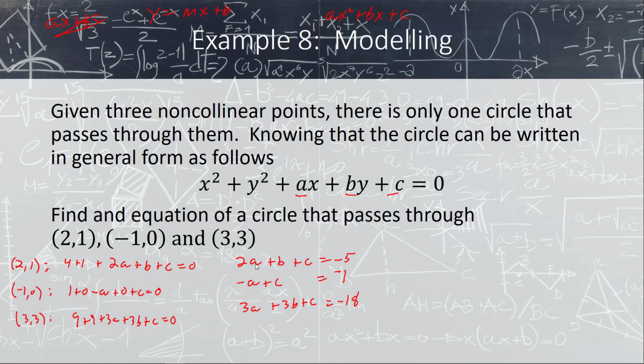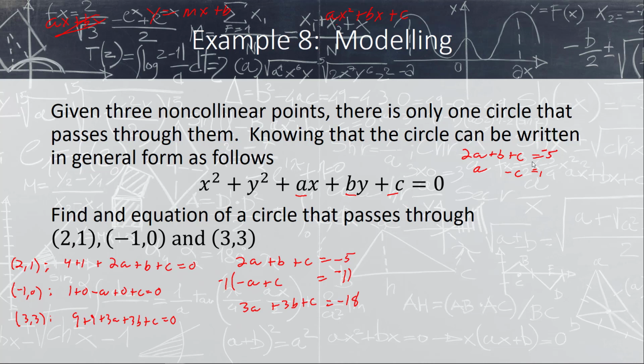So the first thing that we can possibly do is combine these 2 equations right here. Let's do that on this little side right here. First we're going to multiply this equation by -1, and then we will have 2a plus b plus c is equal to -5, and then on the next side we will have a minus c is equal to 1.